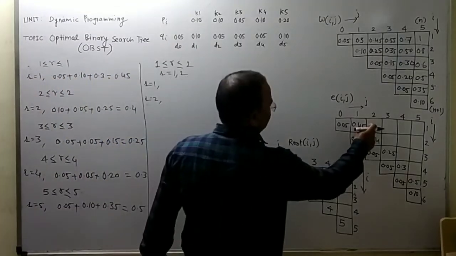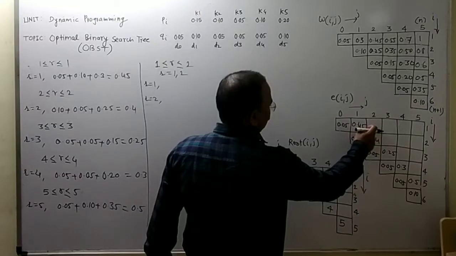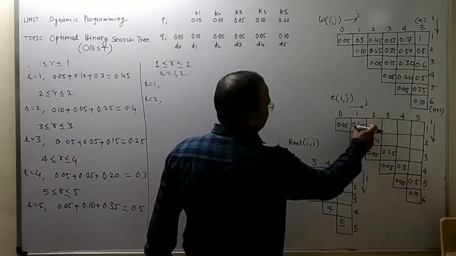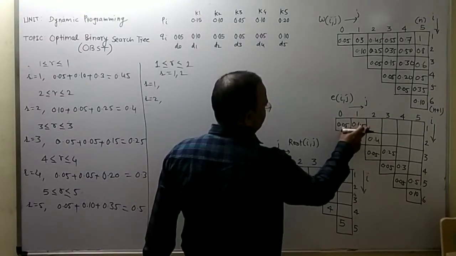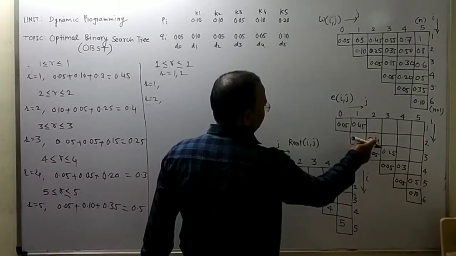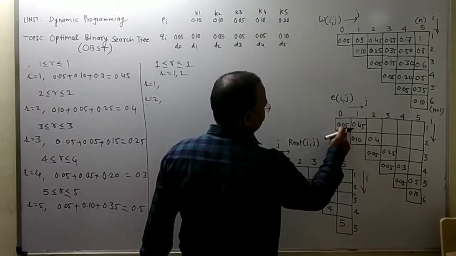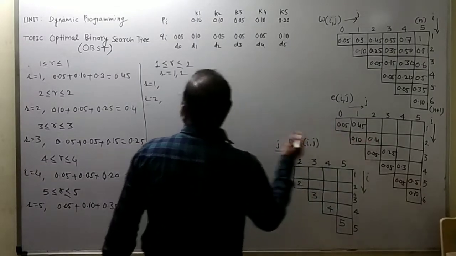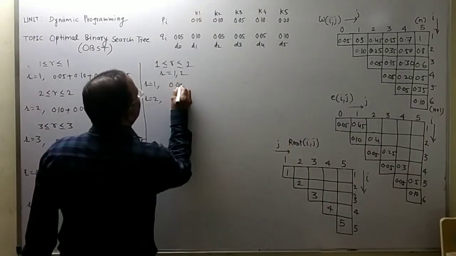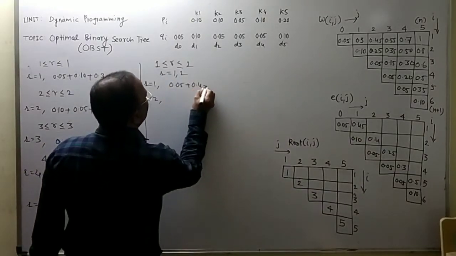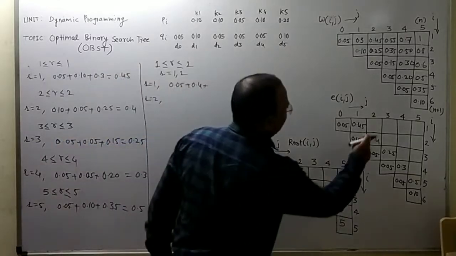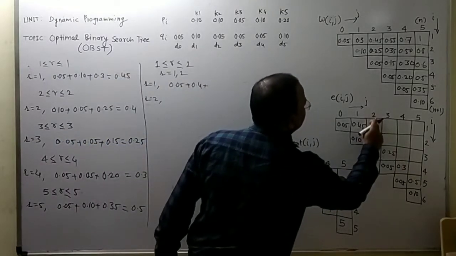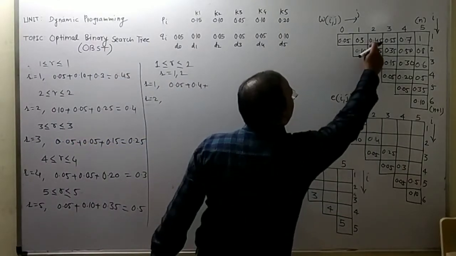Now for R is equal to 1, we have to refer the last value on left side and first value in downside, means 0.05 plus 0.4, plus the value at 1 to 2 cell in W tables, that is 0.45.